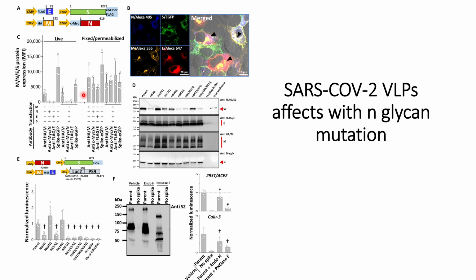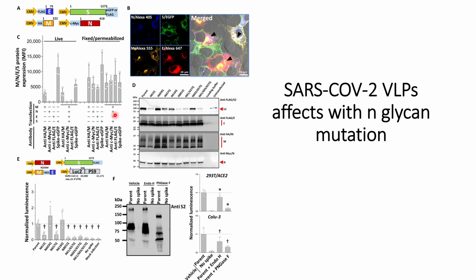The first four are the individual transfections of the proteins, and the fourth is the common transfection, where common means all four plasmids are transfected in the same cell system. In this they found that the spike protein and the membrane protein are the two proteins that are expressed on the cell surface.